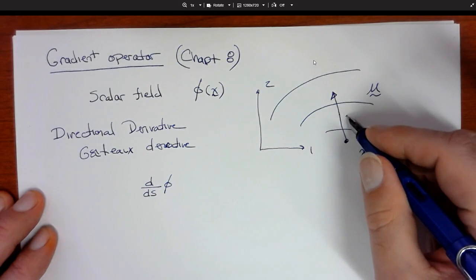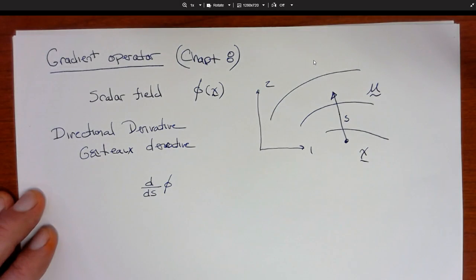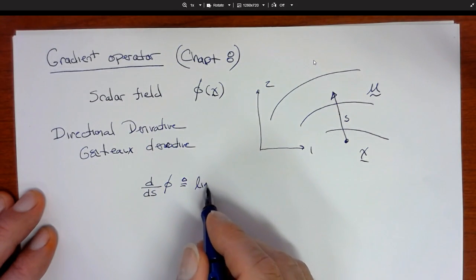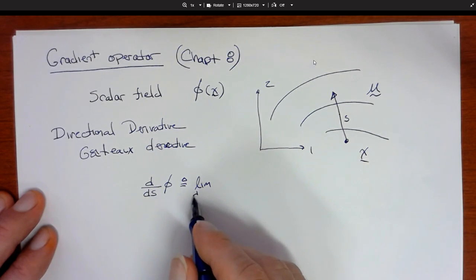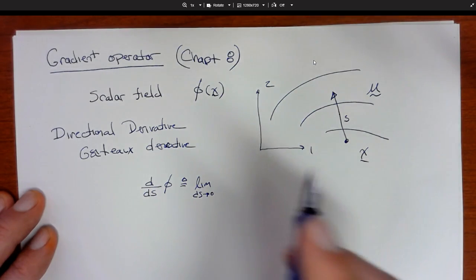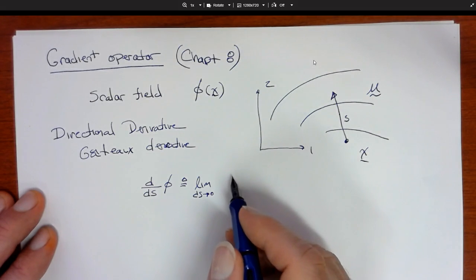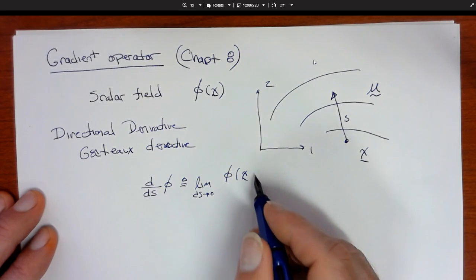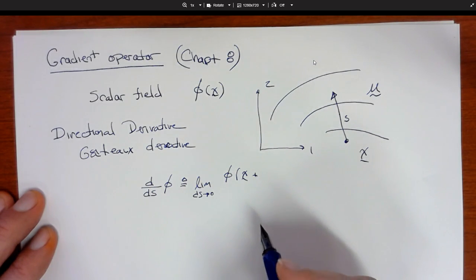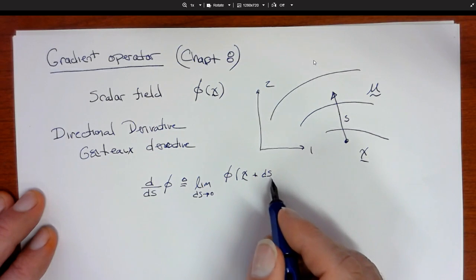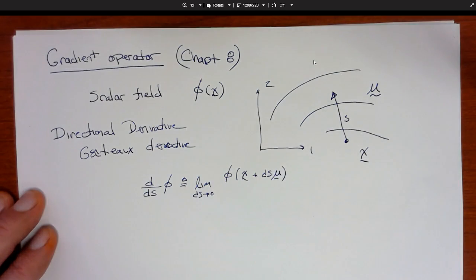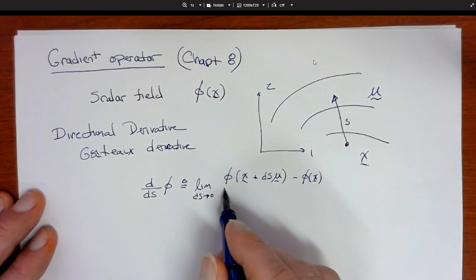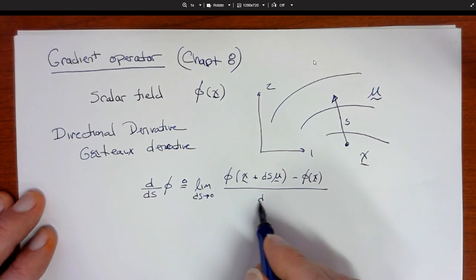Consider S to be a metric, like a measure along that direction. And we're going to define that as the limit as delta S goes to 0 of the regular definition of the derivative, right? Phi at x plus a little bit of something, a delta x, but this has to be a vector delta x, so there you go, minus phi at x, over ds.